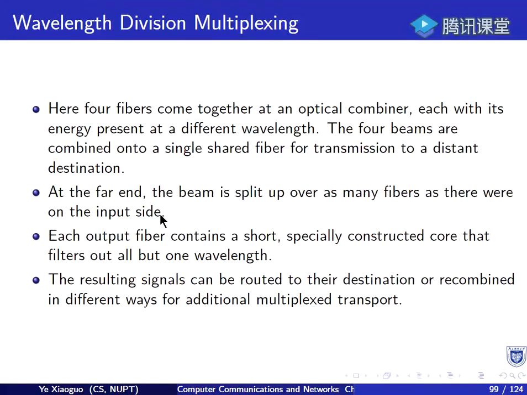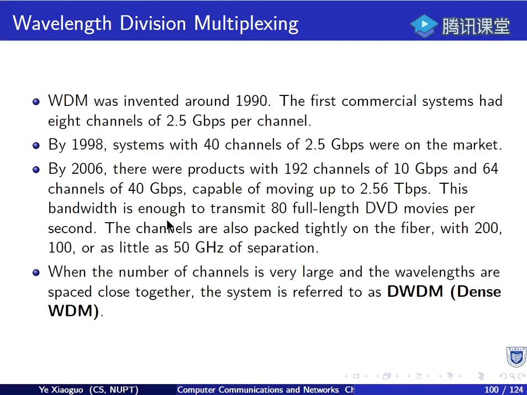Then the fourth multiplexing scheme is wavelength division multiplexing. WDM, wavelength division multiplexing, was invented around 1990.